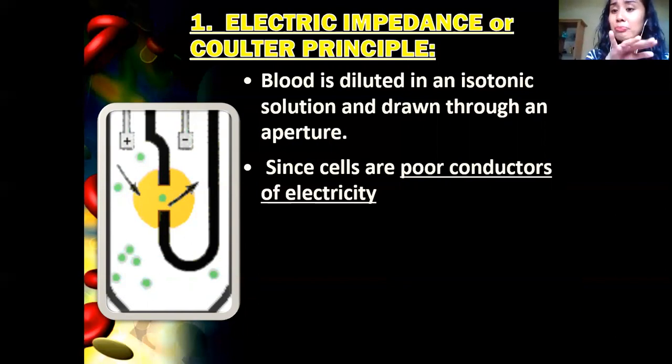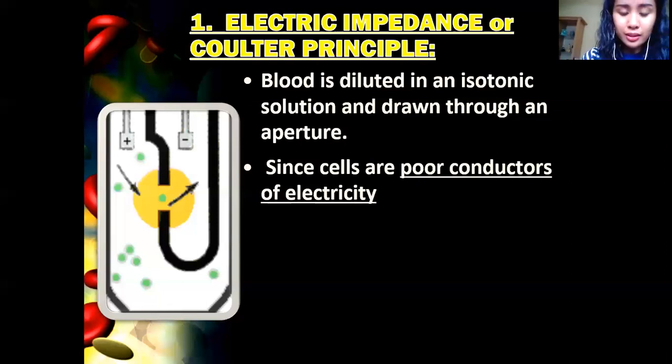So when there is an electric charge, and a cell passes through the electric field, there is resistance or impedance.